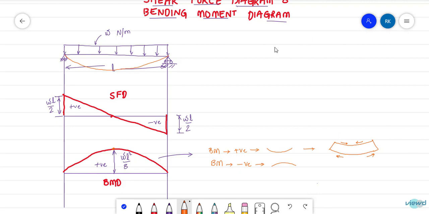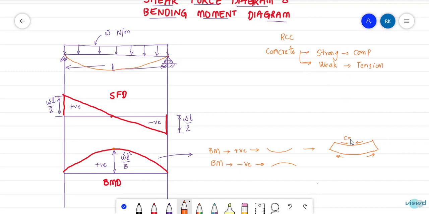This is because generally in construction we use RCC, reinforced cement concrete. If you consider the properties of concrete, it is strong in compression and weak in tension.